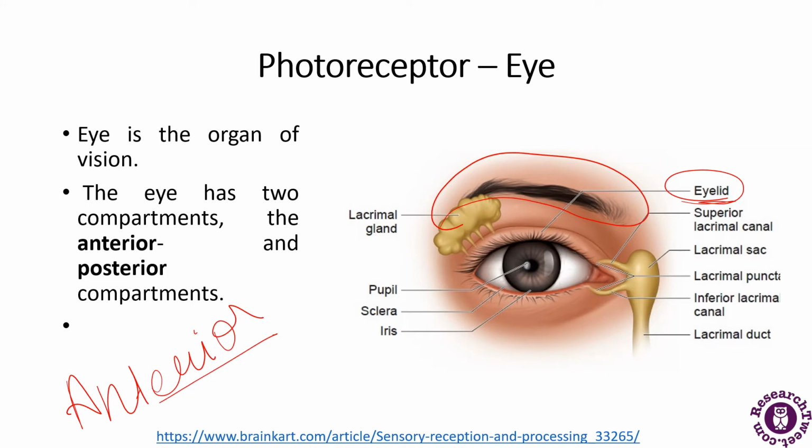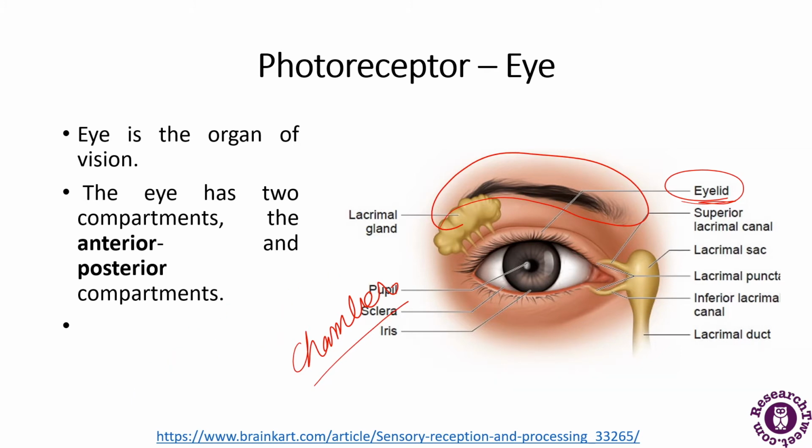The anterior compartment has two chambers. The first one lies between the cornea and the iris, and the second one lies between the iris and the lens. These two chambers are filled with a watery fluid, which is called the aqueous humor.